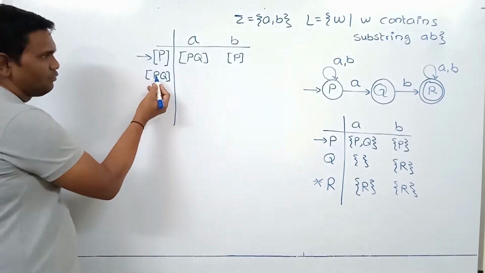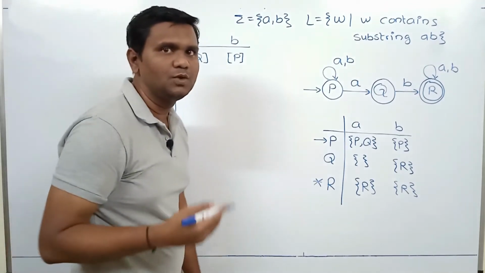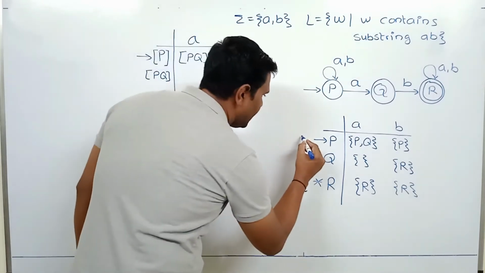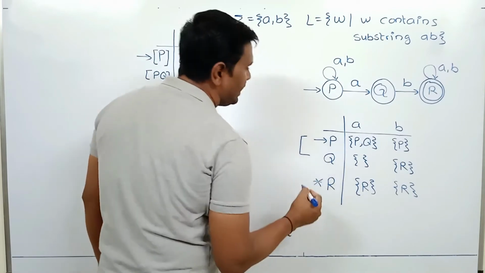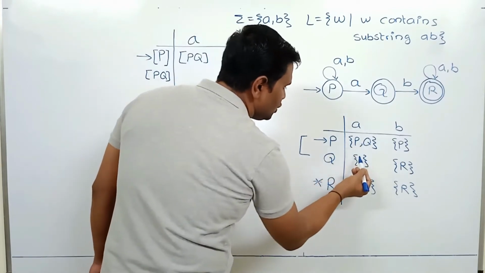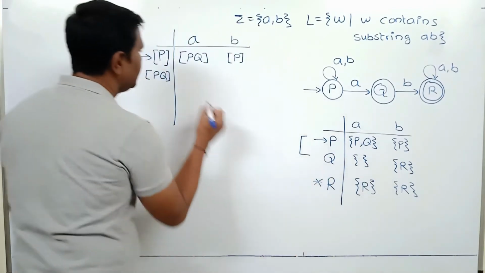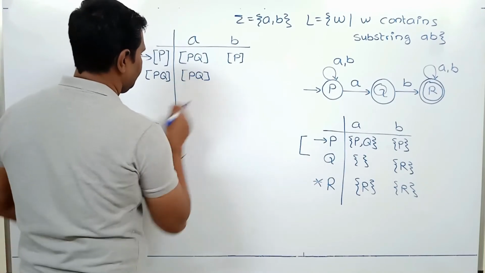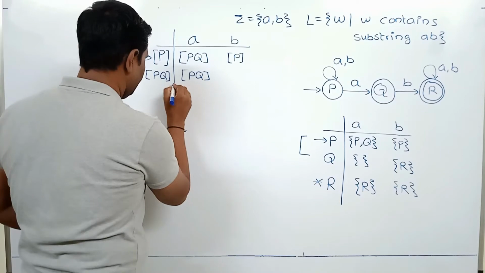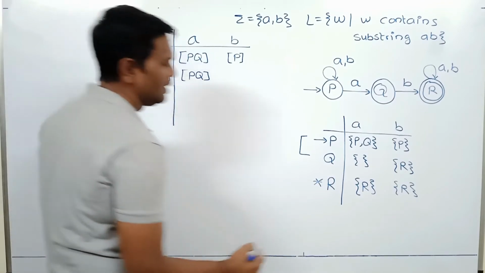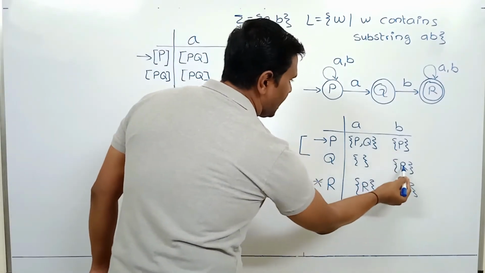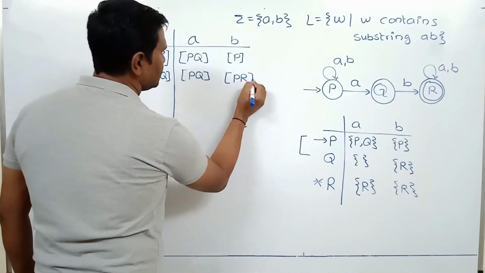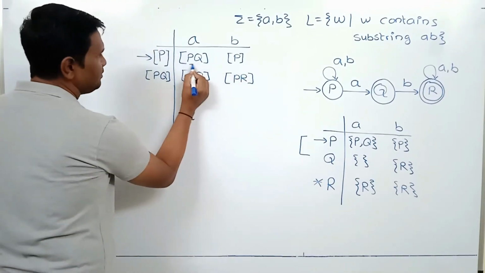Now for transitions of PQ, we have to make union of transitions of P and Q in NFA. So PQ union empty set, we get PQ. P union R, we get PR. We have considered PQ.